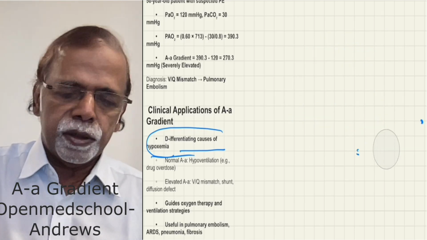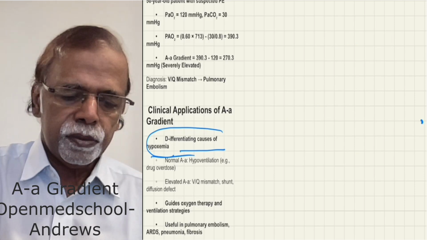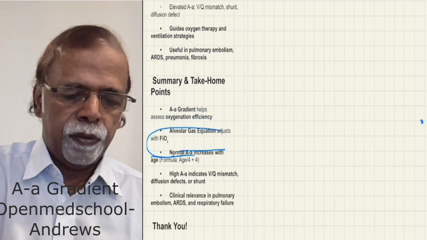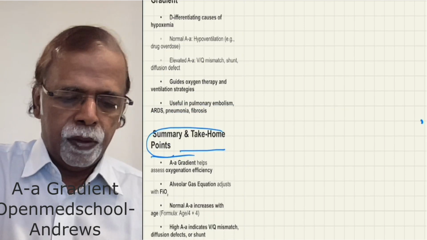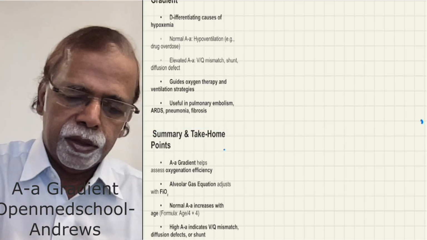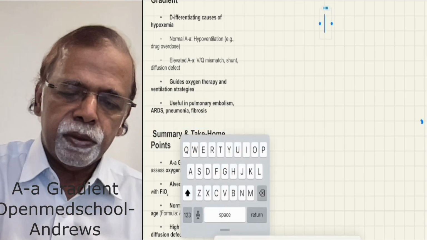The take-home messages are: the AA gradient helps to assess the oxygenation efficiency. That is the most important point you remember.